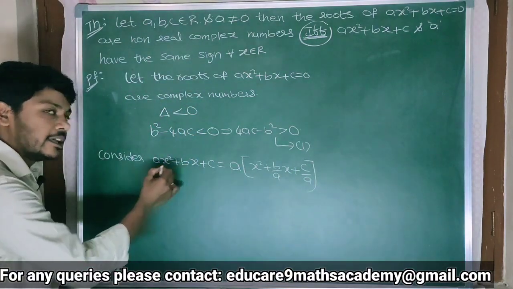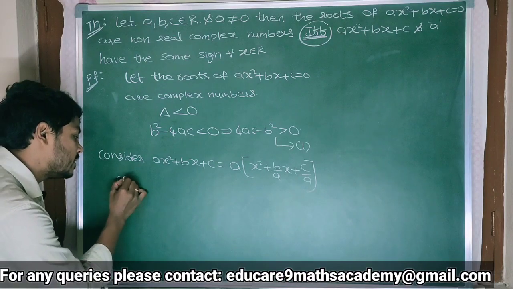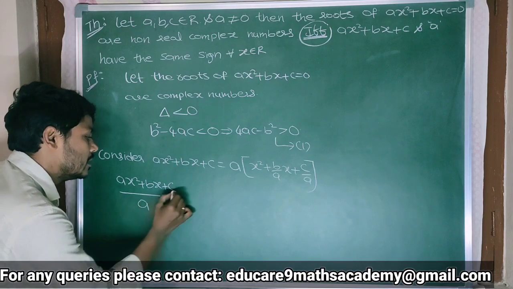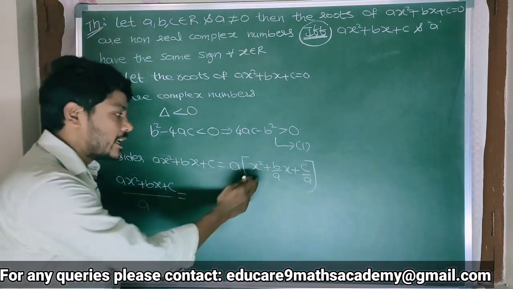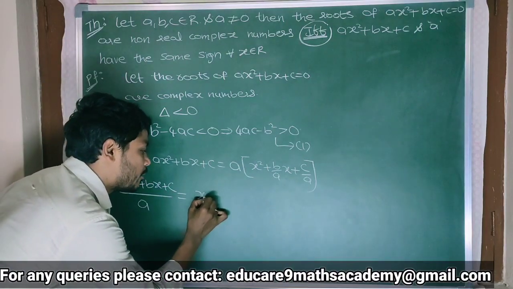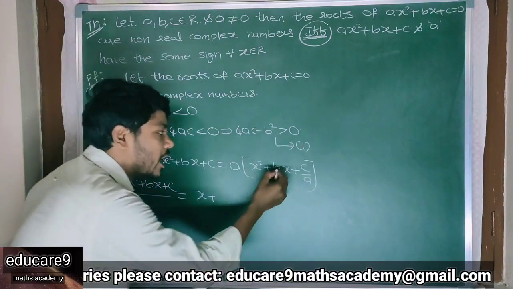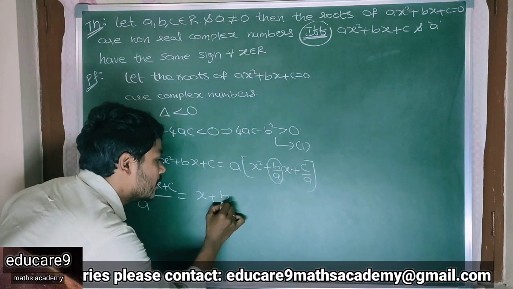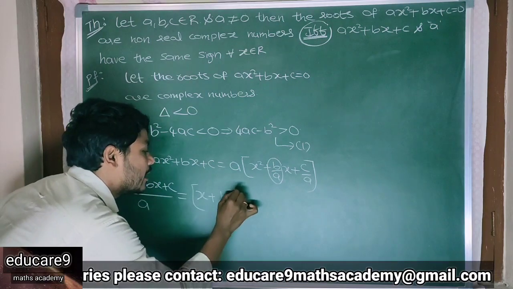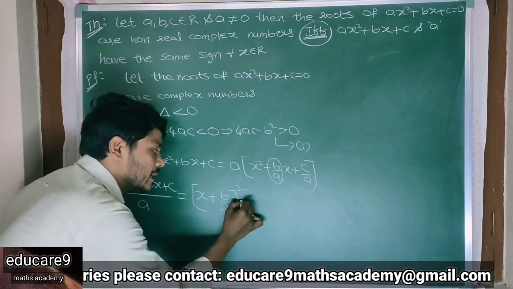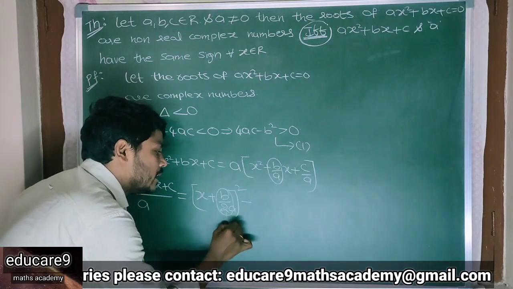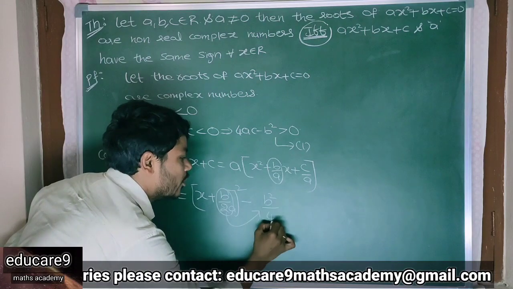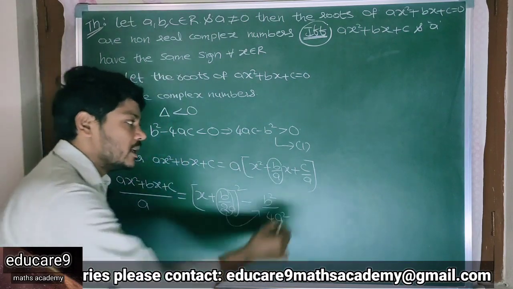Now send this a to the left, then it becomes ax square plus bx plus c by a equals, so this can be written as x plus half value of b by a, that is b by 2a, whole square, minus the square of this, that is b square by 4a square, and the remaining term is c by a.